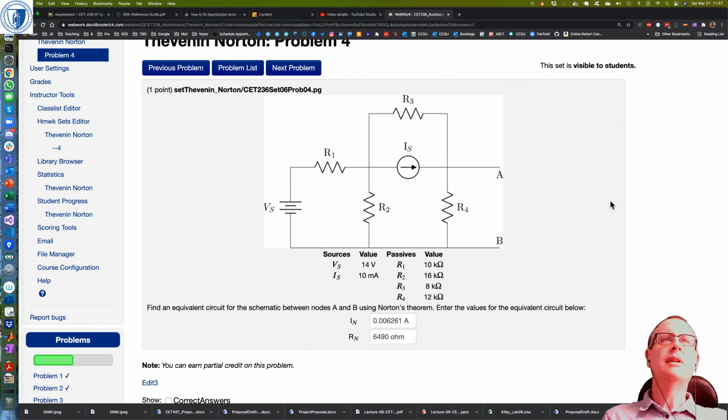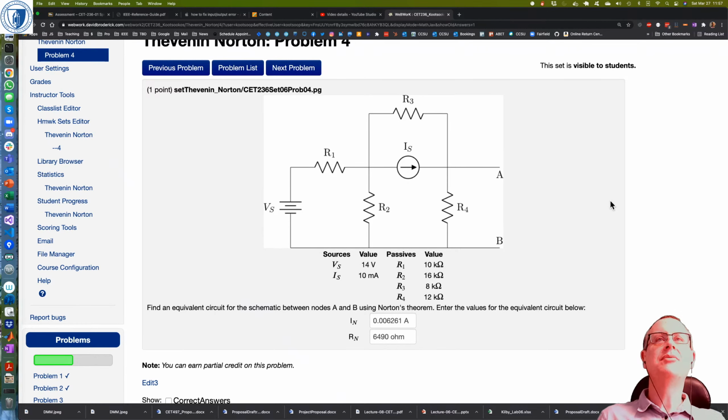And the equivalent resistance technique, the first step is to replace all the independent sources, we have 2, with their ideal resistances. So VS will be replaced with a short circuit, and IS will be replaced with an open circuit.